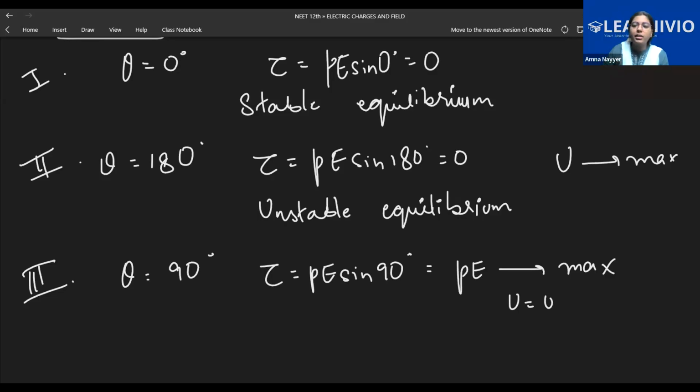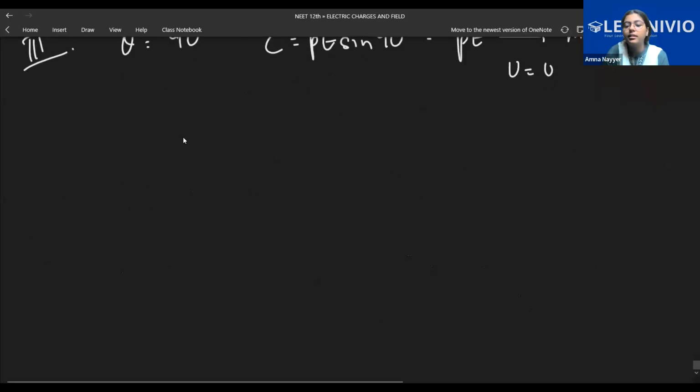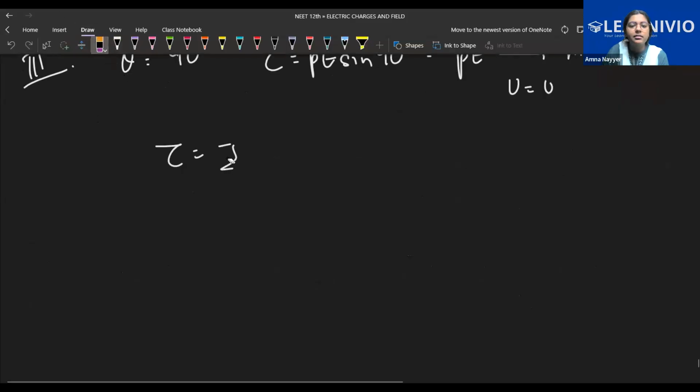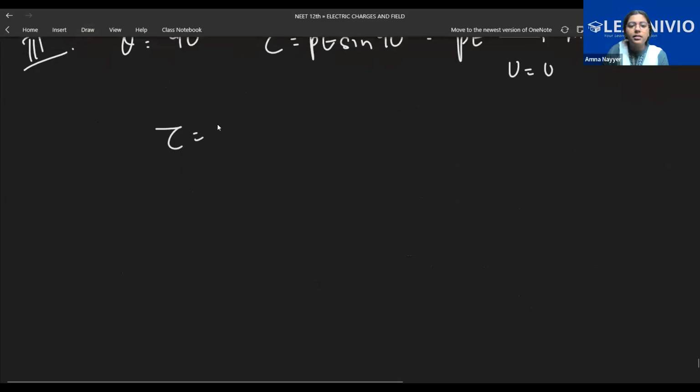But apart from this, you have some more things in torque that can come in your NEET exam. Torque is I alpha, from your class 11. Torque is equal to I alpha. Okay, this is a formula from your class 11, correct? So alpha's value can be asked to you in your exam.